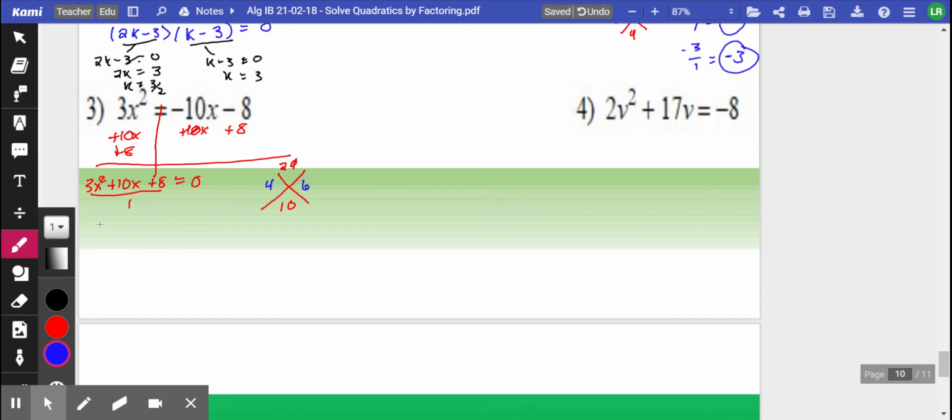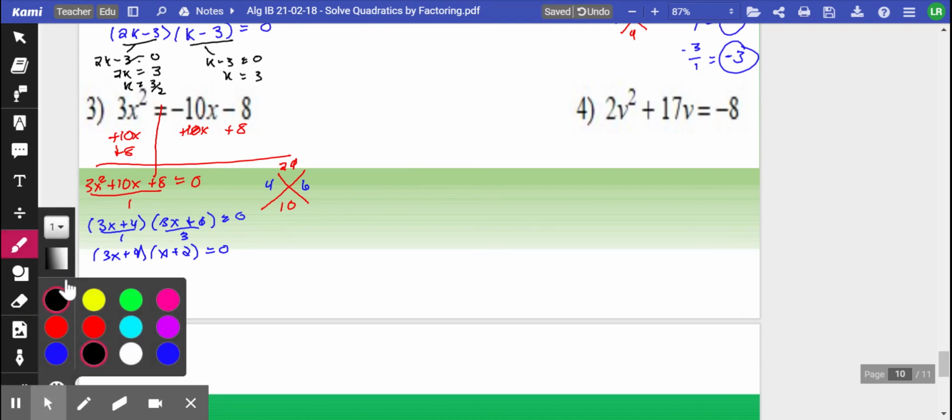Okay, if I'm going to do the traditional way, then I would have 3x plus 4 and 3x plus 6 equals 0. Divide by 1, divide by 3. So I'm going to have 3x plus 4 times, divide these both by 3, so I get x plus 2 equals 0.